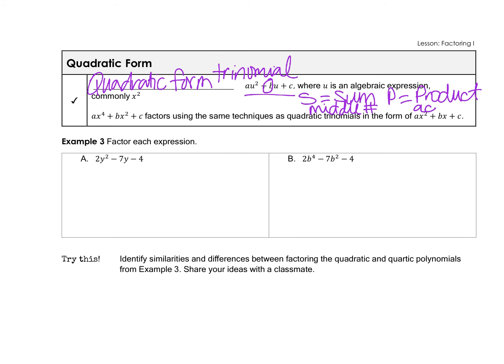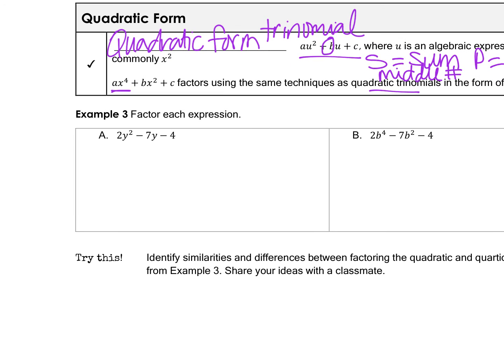You multiply the A, which is the coefficient of your x squared, and then your C, which is your constant. Also notice that if there's an x to the fourth, it's very similar to x squared.